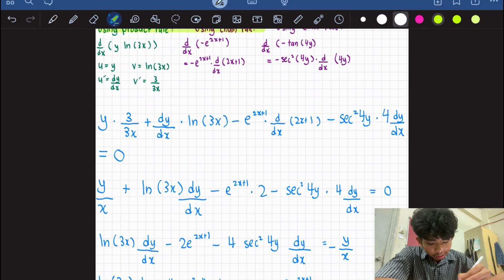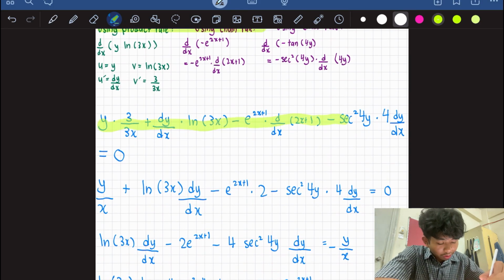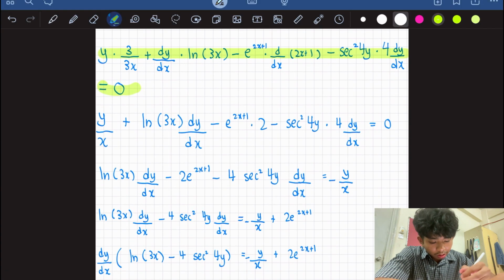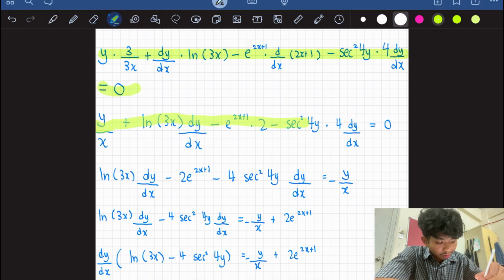As you can see here, we have combined all of the rules together to form an equation. Then we can simplify the equation to get y over x plus ln 3x dy/dx minus e power of 2x plus 1 multiplied with 2 minus sec square 4y.